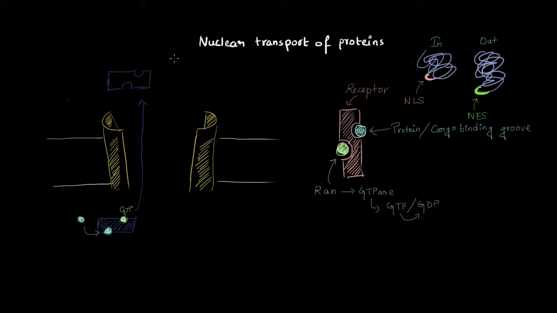Now over here it is bound to RAN GTP, and it is also bound to the protein or the cargo that needs to be delivered.